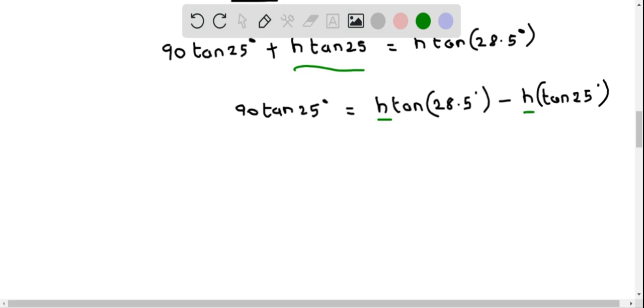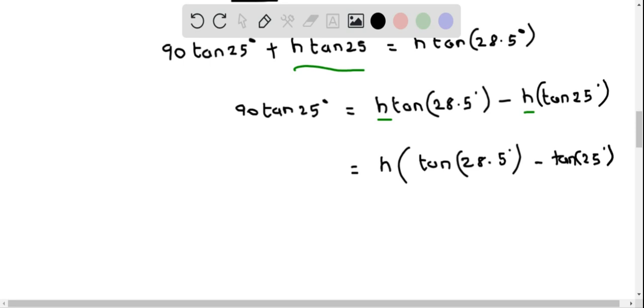When we factor H, this will become H times the tangent of 28.5 degrees minus the tangent of 25 degrees, and on the left side we have 90 times the tangent of 25 degrees.